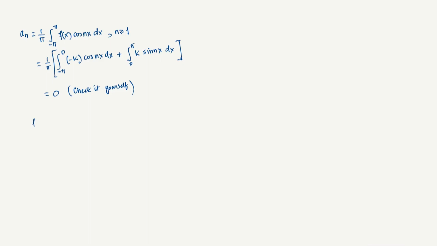What about the bn's? Are they 0? Unlikely, that should not work. Otherwise, the whole Fourier series becomes 0. So bn is 1 by pi, f of x sine nx dx.